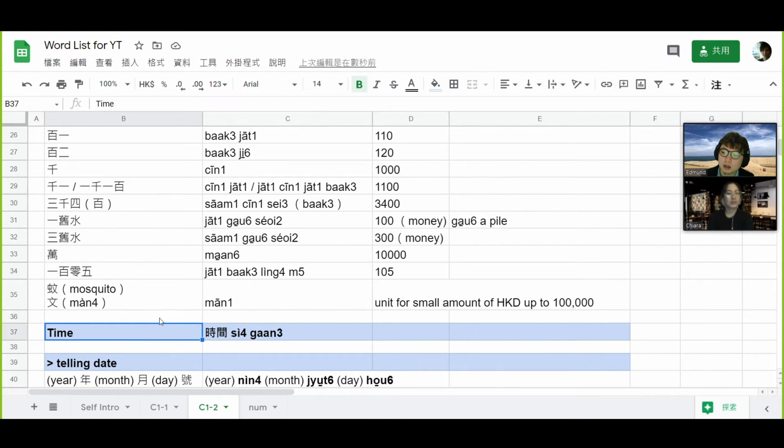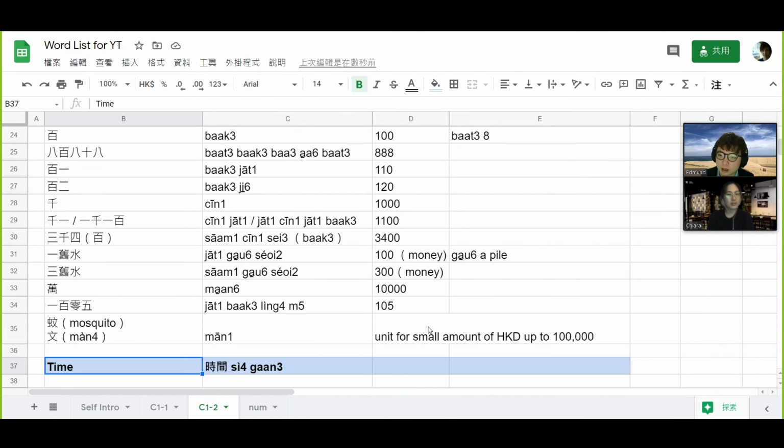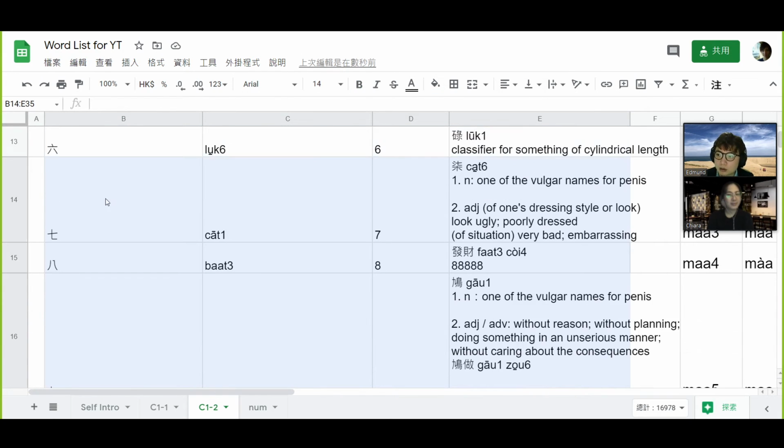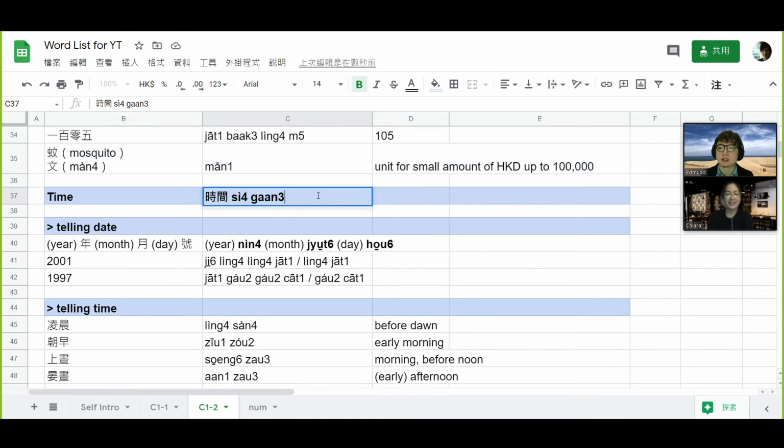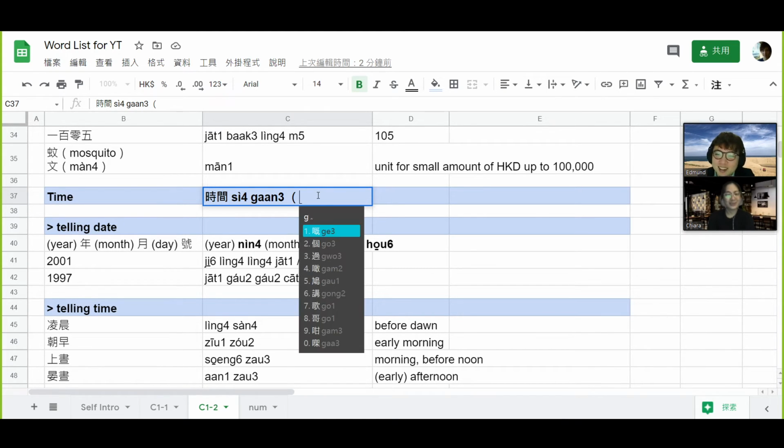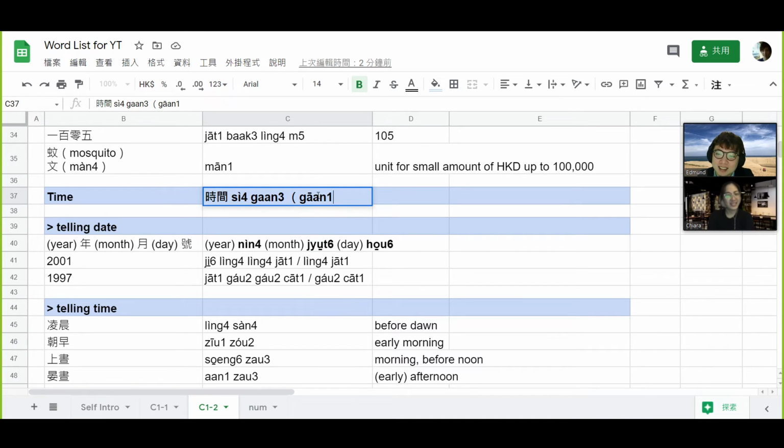Okay, because we learned how to count now, let's get into how to tell time and count time. The word time in Cantonese is 時間. Some activists for correct pronunciation will say this is pronounced as 時間.